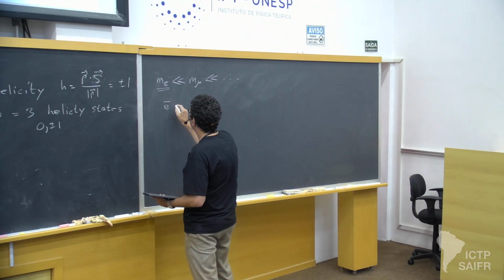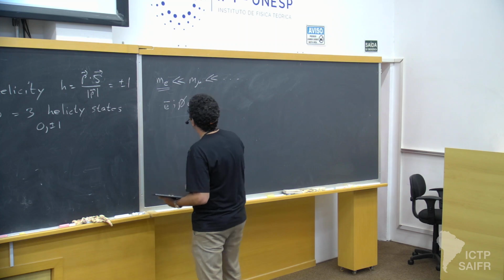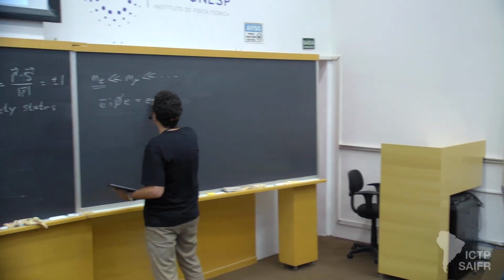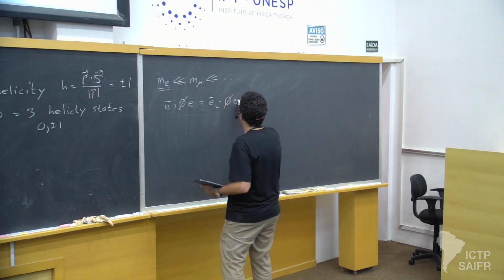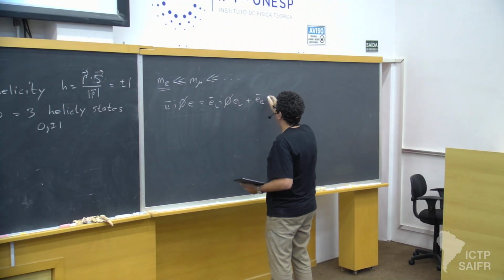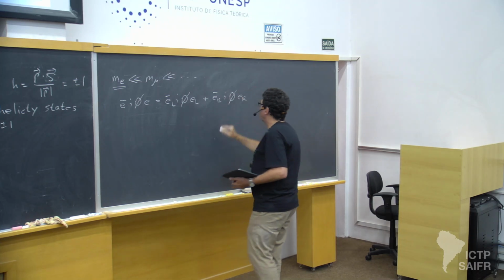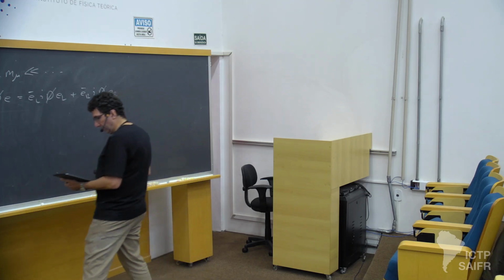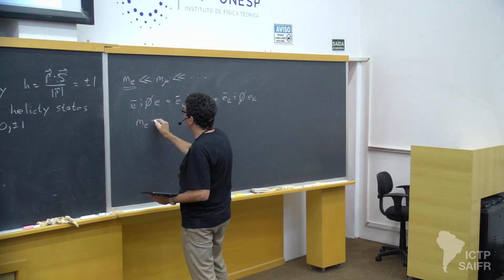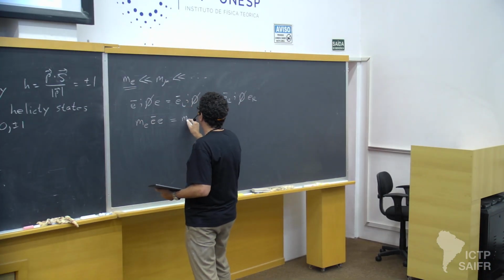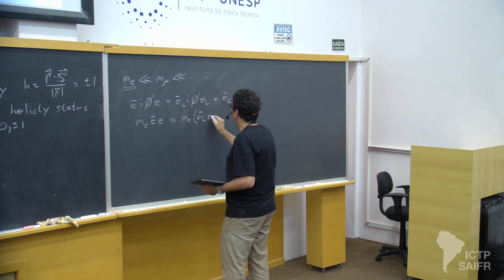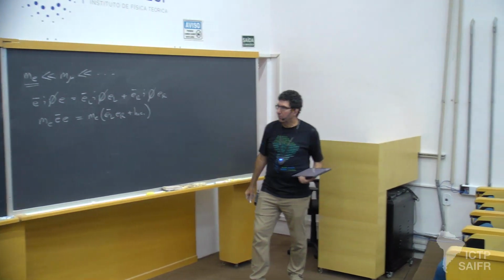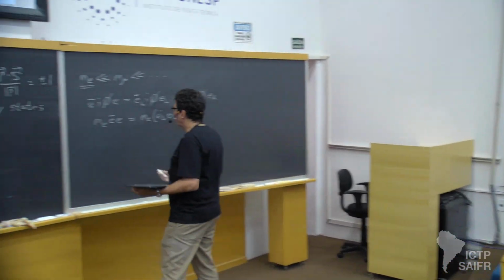If I look at the kinetic term for the electron, it comes down to a separate kinetic term for the left and right-handed Weyl components of the electron field. But the mass of the electron is a coupling between the left and right-handed Weyl fermions.